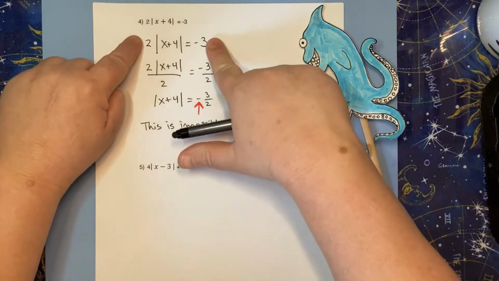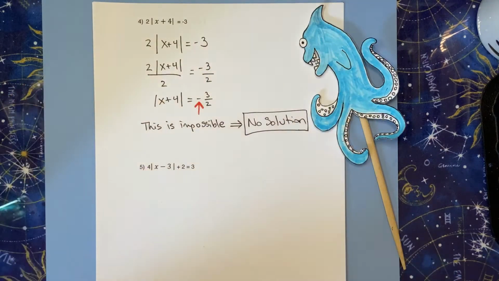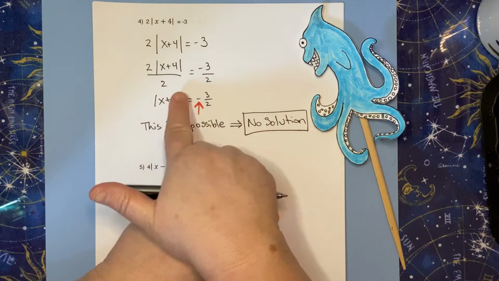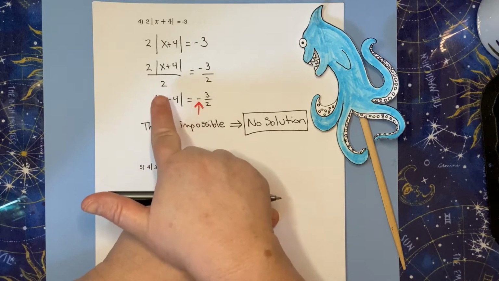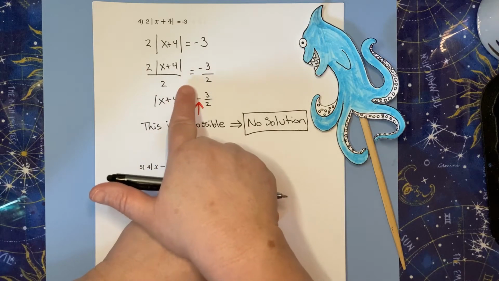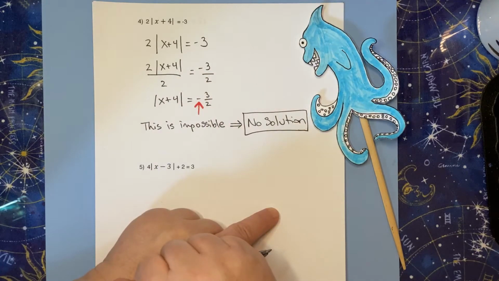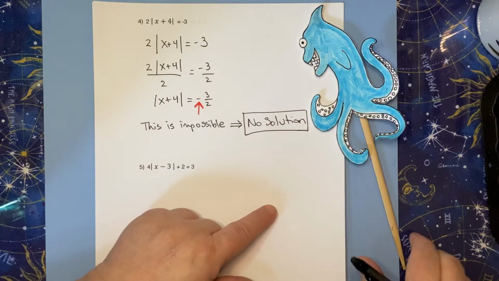Now, should I stop right at the beginning and say absolute value can never equal a negative? The answer is, well, you need to make sure you get to the point where you've isolated the absolute value. It's all by itself. If the absolute value equals a negative number, there's no possible answer.